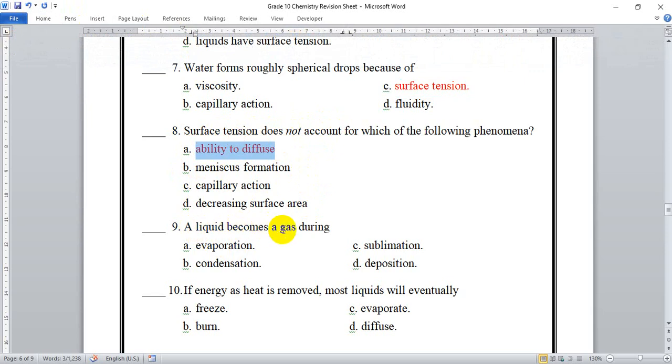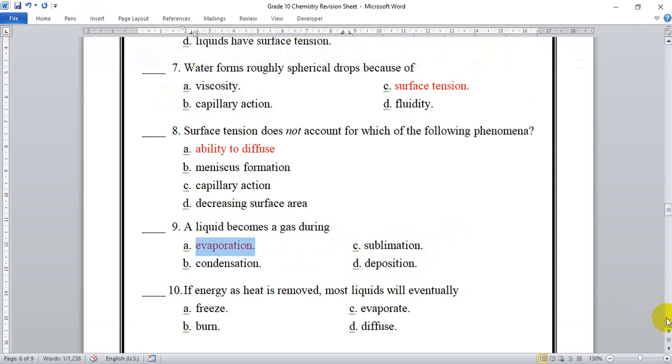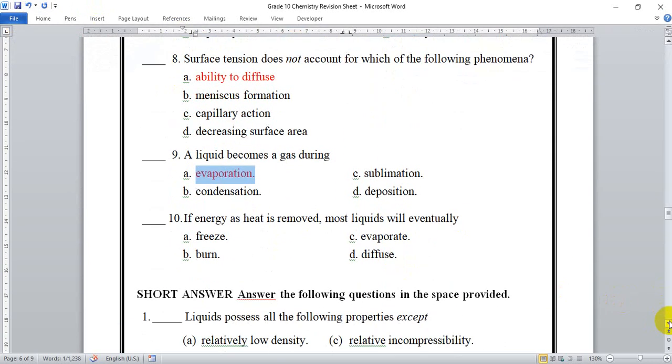A liquid becomes a gas during evaporation, condensation, sublimation, or deposition. From liquid to gas is called evaporation. If energy as heat is removed, most liquids will eventually freeze, burn, evaporate, or diffuse.